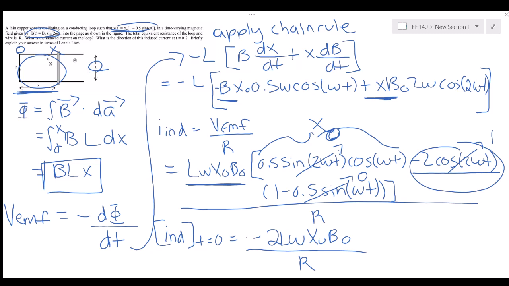To bring balance to the system, we want to oppose that. So the induced B field will be coming out of the page, and we'll have an induced current going in a counterclockwise direction. So the induced current is going to be counterclockwise, and that's the answer to this problem.